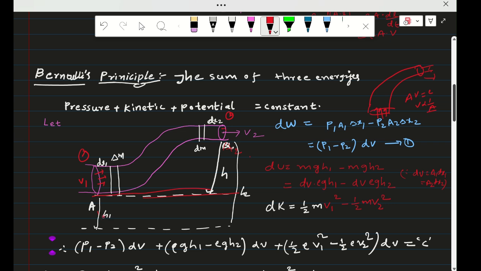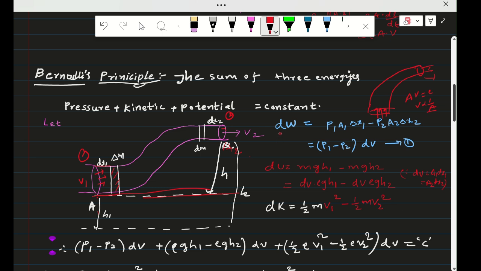Therefore potential energy at point 1 is H1 rho g, and at point 2 is H2 rho g. Now, V1 velocity and V2 velocity are there, which means there is kinetic energy and also pressure energy. The water is displacing dx1 in the time delta t. So let's consider dm mass here, moving dx displacement each second. Here dx1, here dx2. The velocities are different, therefore dx is also different.